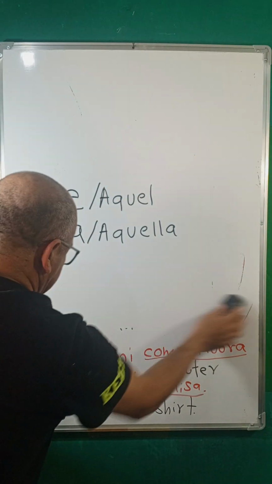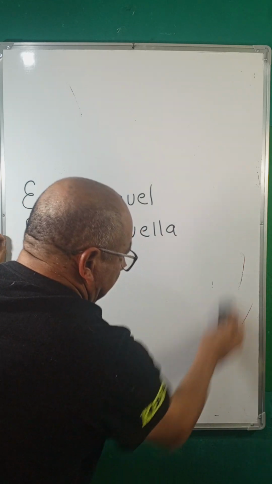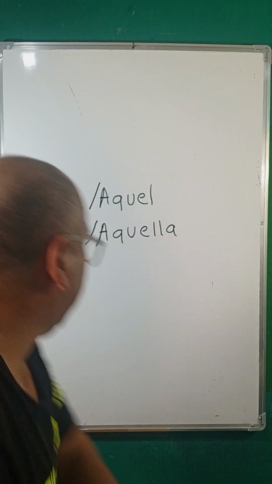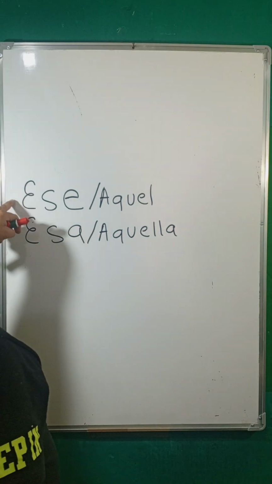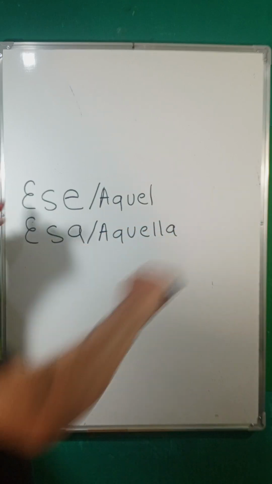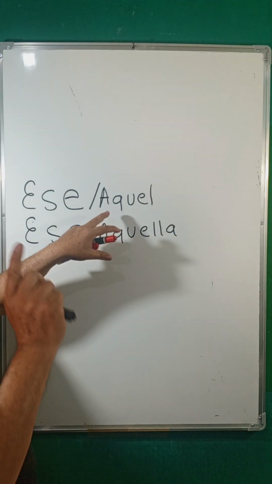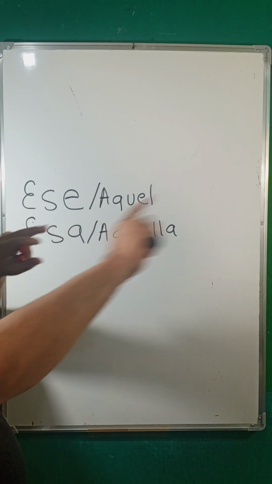Now here we have ese, which is for something that is far. Aquel, guess what? Is also for something that is far.